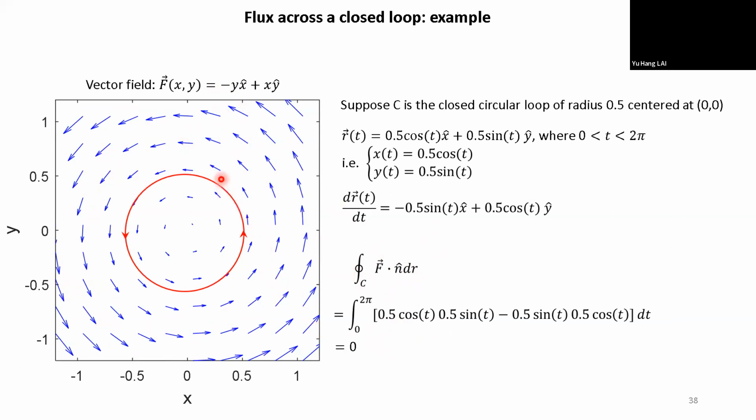Again, if you look at this picture, it's also very reasonable, because all the fields are going tangential to the circle. So that's why the air is never flowing inside of the circle or outside of the circle. So that's why in this case, I have 0.